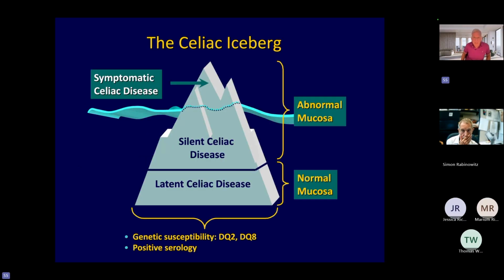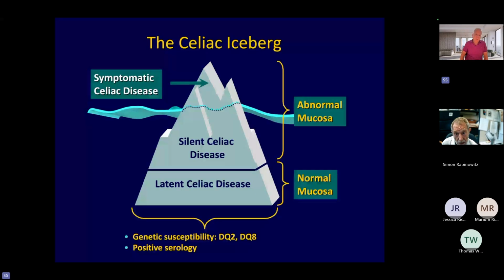We can define patients with celiac disease into three basic groups. Those who we term the symptomatic, they're the tip of the iceberg. The silent celiac disease, that's right under the surface, and then deep in the depths of the ocean are the latent celiacs. Well, the symptomatic celiac disease actually comprise a relatively small portion of the overall celiac population.